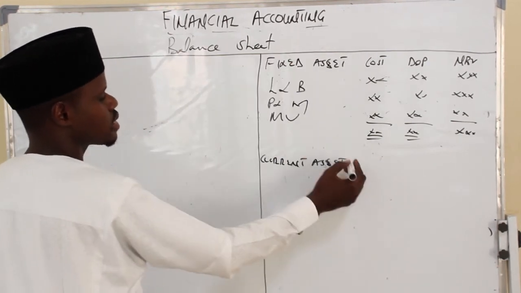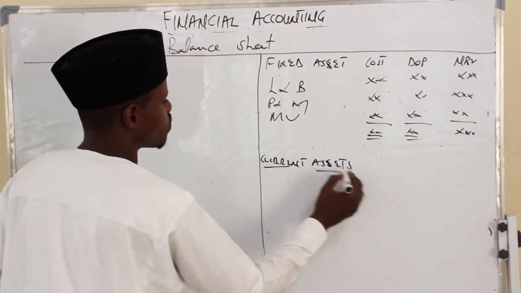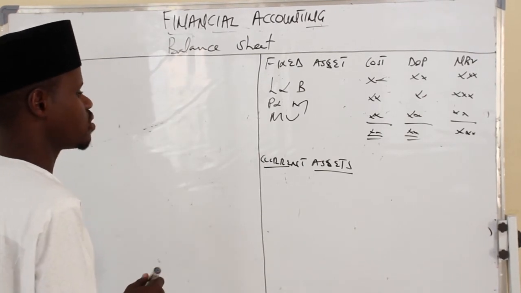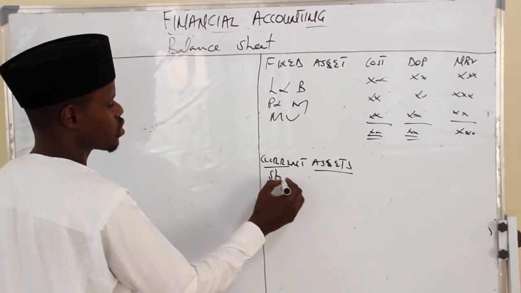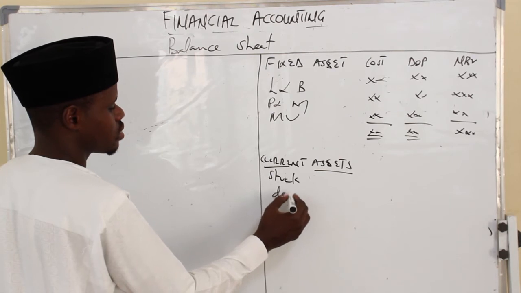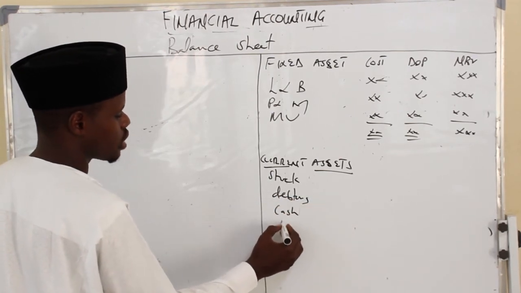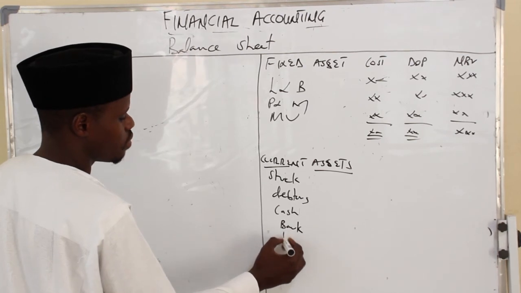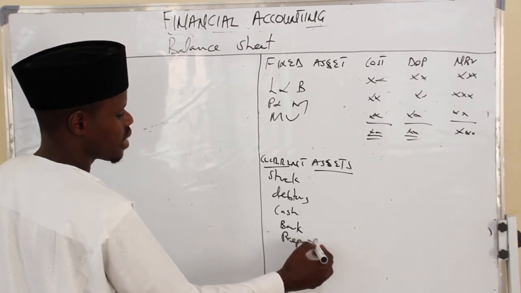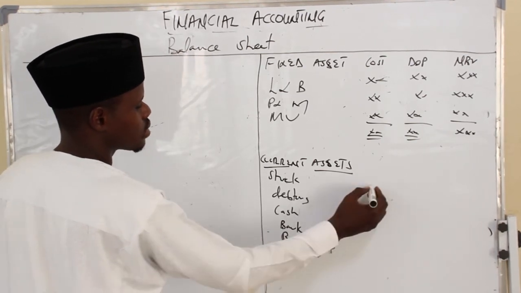This side is all similar to the final account of a sole proprietorship or the final account of a partnership business. So you have stock, debtors, cash at bank, cash at hand, prepaid expenses, and other current assets.